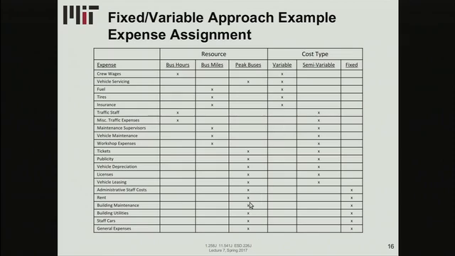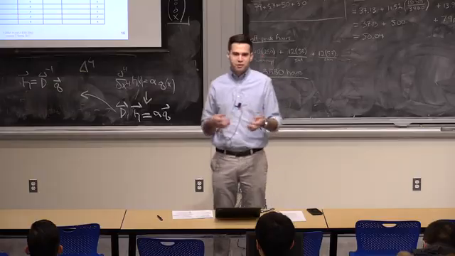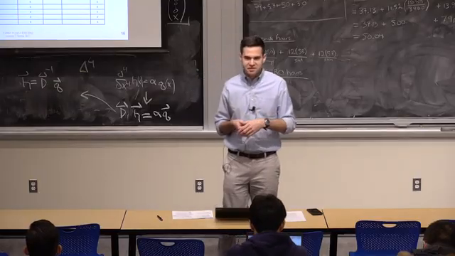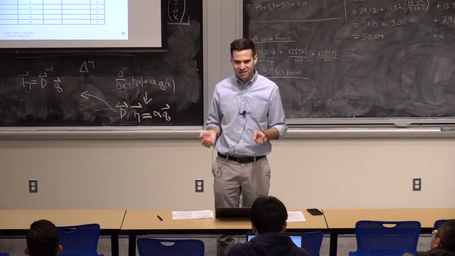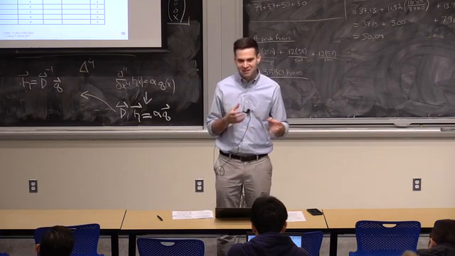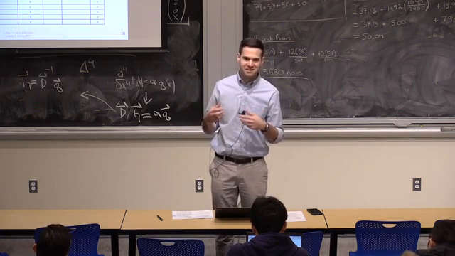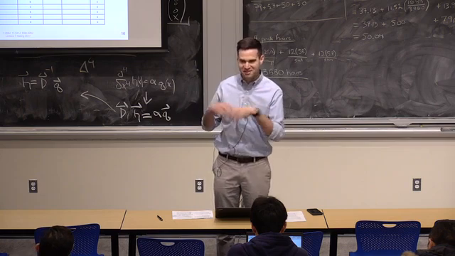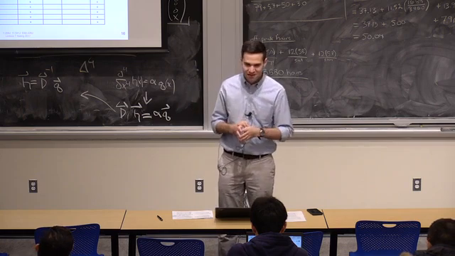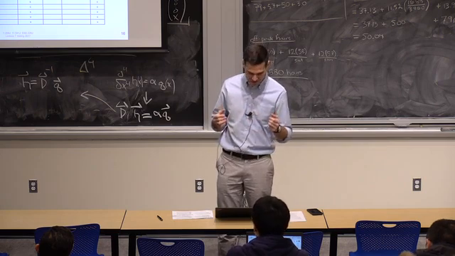Okay, so then there are things in the middle. So publicity, well, semi-variable because to the extent that you increase service, there's going to be some amount of additional publicity. There's not going to be necessarily a linear proportion increase, as in we add one more bus, then you have that much more marketing or publicity expense.